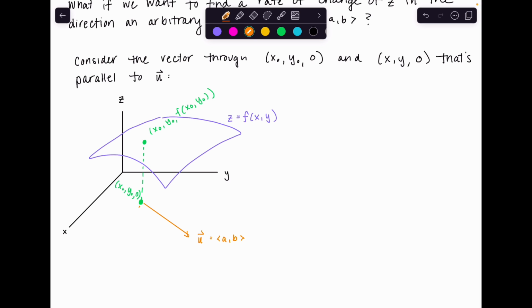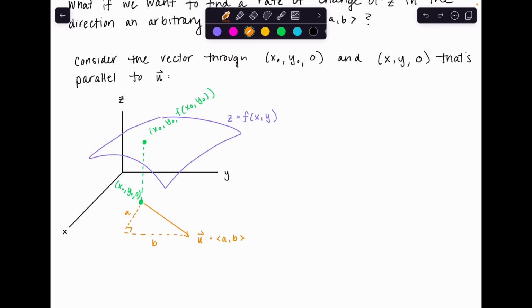So I have this side that runs parallel to the x-axis, and this side that runs parallel to the y. And although it doesn't quite look like a right triangle, it's because we've got that forced perspective going on. It is one. So this side length would be a, this side length would be b, and this side length would be the magnitude, the square root of a squared plus b squared.